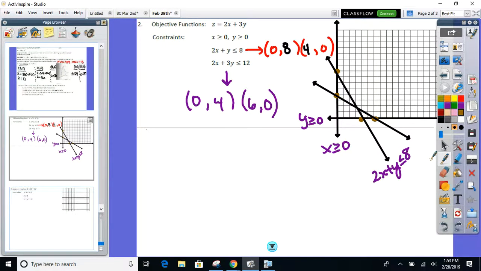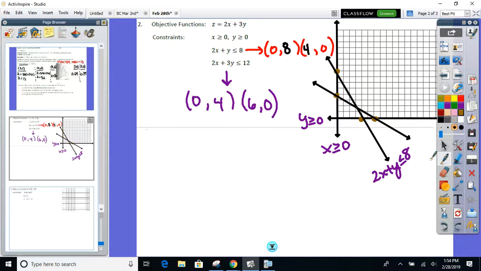Straight edge, straight edge. Above or below this one? Does 0, 0 work in that last one? Is 0 less than 12? Yep. So you're shading below both lines.